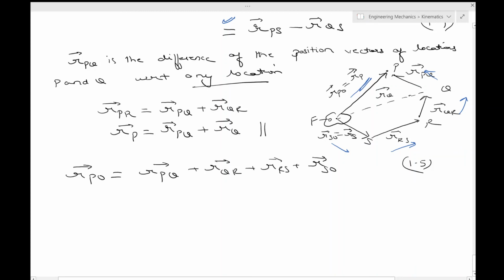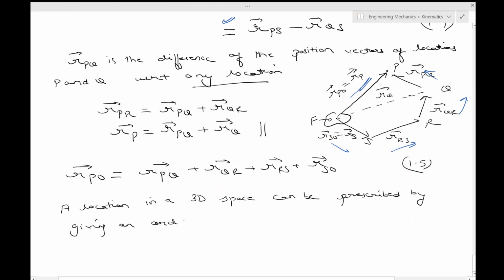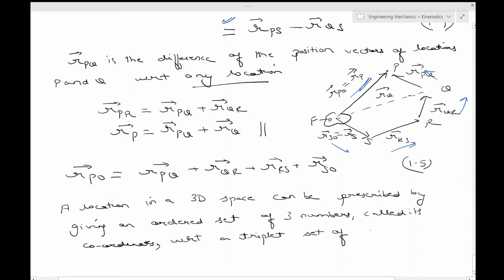So the closing remarks on this discussion is that a location in a 3D space can be prescribed by giving an ordered set of three numbers, called its coordinates, with respect to a triplet set of coordinate lines embedded in the space.